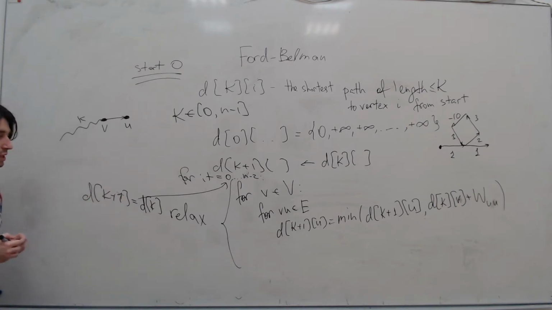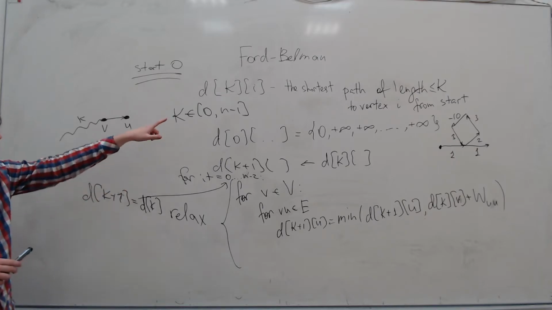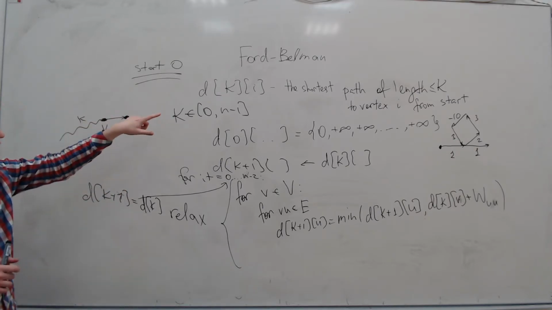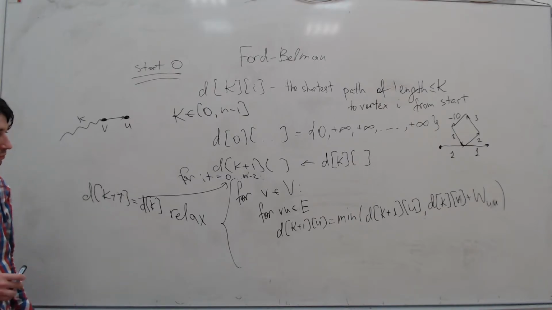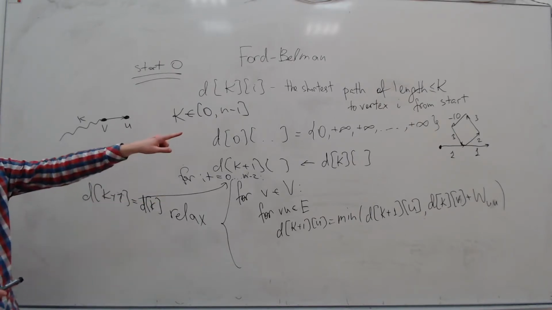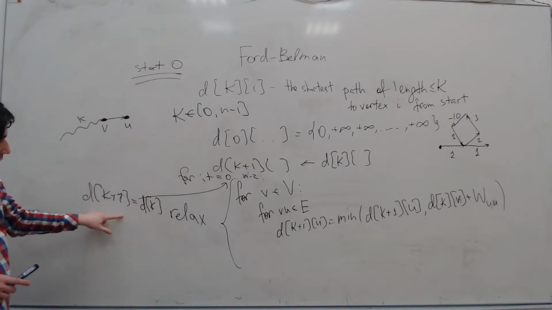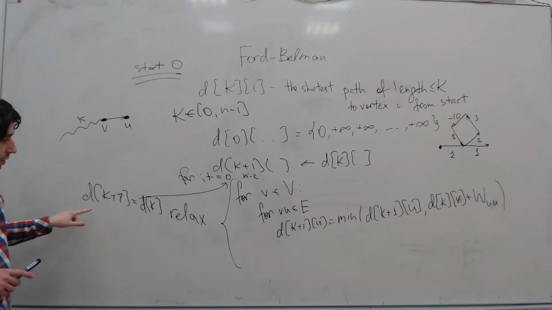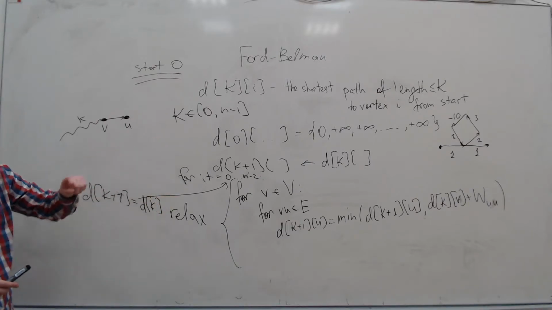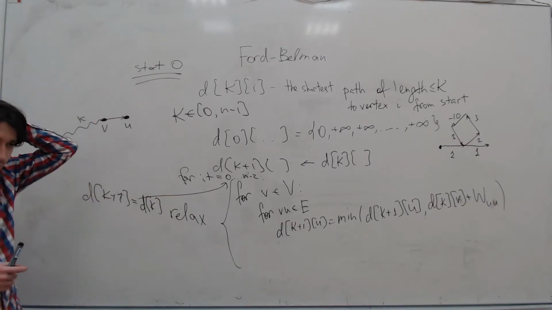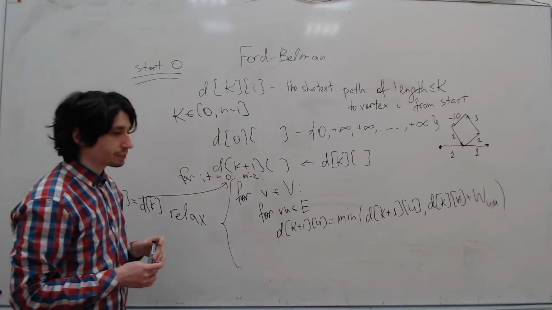And everything will be the same, except that now the answer will lie in d n minus 1 i. If you just change it to less than equal to k and copy the array from k to k plus 1 before, then the answer will be in D n minus 1 I.